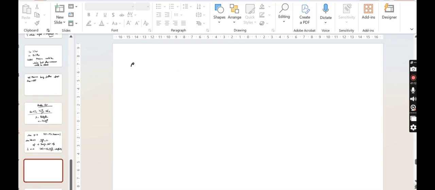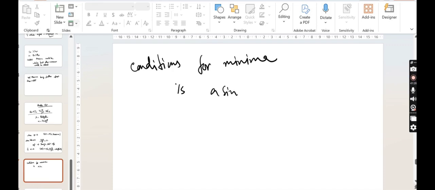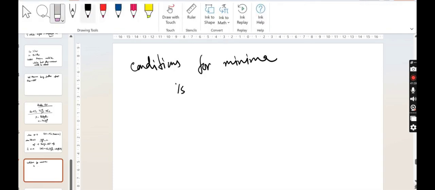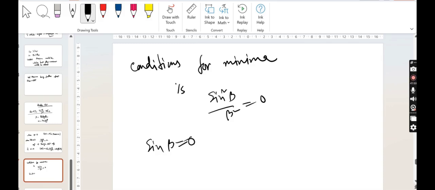So condition for minimum: sin square beta by beta becomes 0. That means sin beta needs to be 0, but beta cannot be 0. Therefore, beta needs to be n pi, and n is equal to plus minus 1, plus minus 2, and so forth.